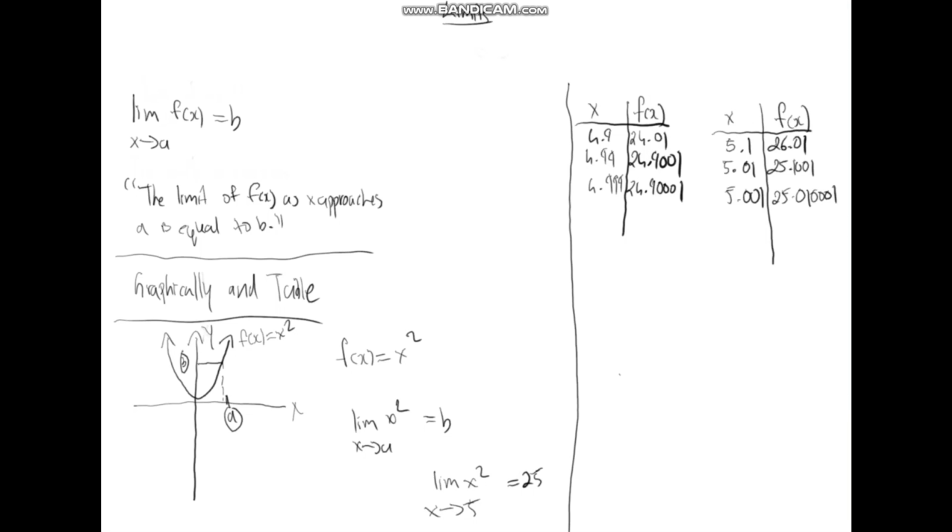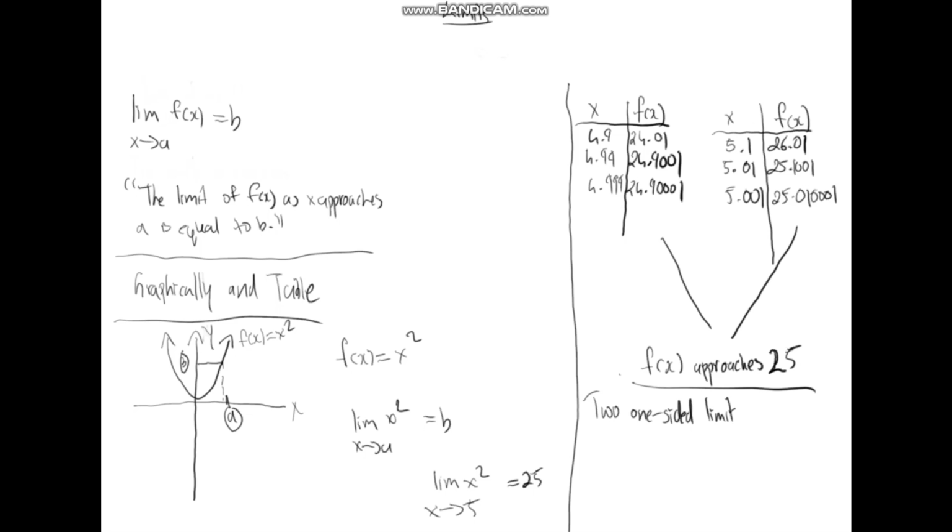Right, and we can see that both of these tables show us that f of x approaches 25. And so what we actually did here is that we calculated two one-sided limits.